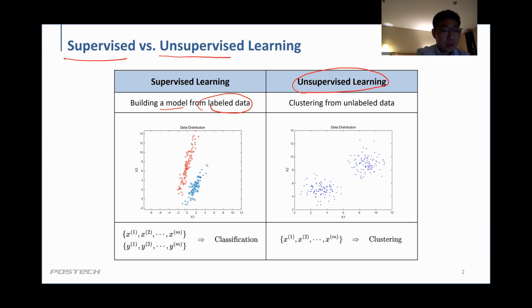It doesn't have to be clustering. Clustering is part of unsupervised learnings, but it focuses on clustering from an unlabeled data set, which means there is only input available. There is no output.